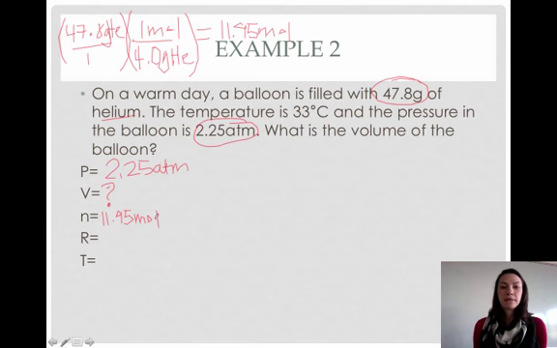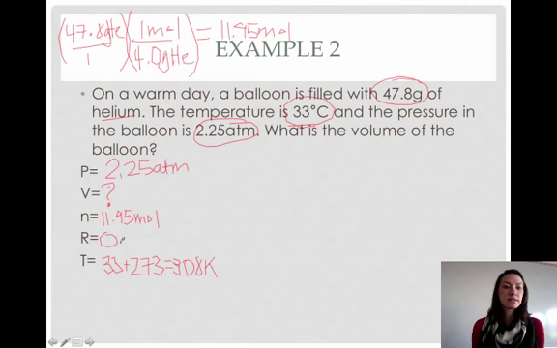And then, all right, I've got temperature. I've got 33 degrees Celsius, so 33 plus 273 is going to be 308 Kelvin. And then I've got my standard R value.